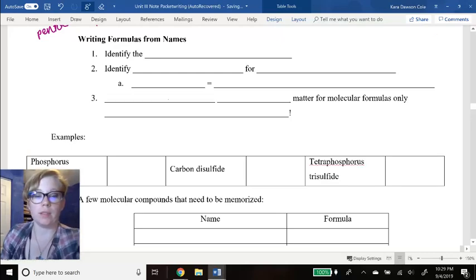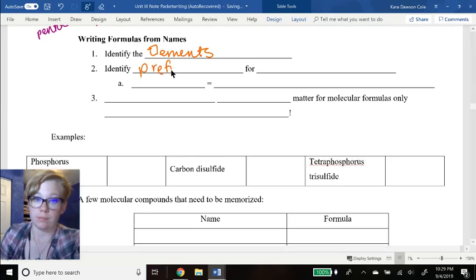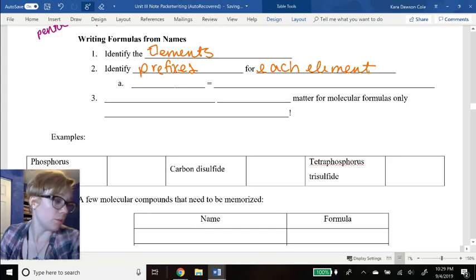Formulas from names of molecular compounds. Same thing, right? So it's super easy. Identify the elements. Identify the prefixes for each element. So prefix equals the number of that element.